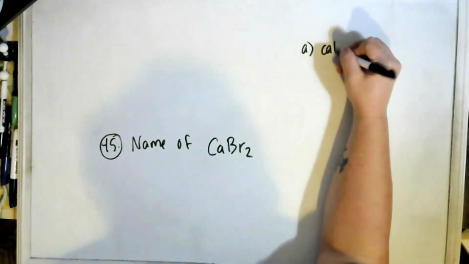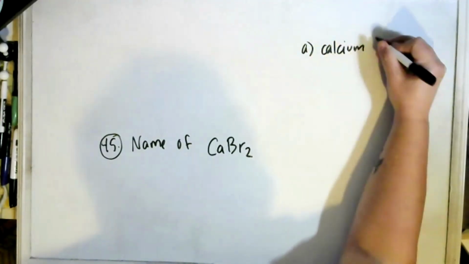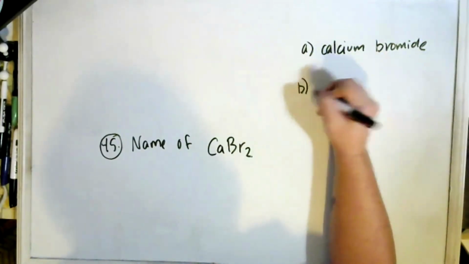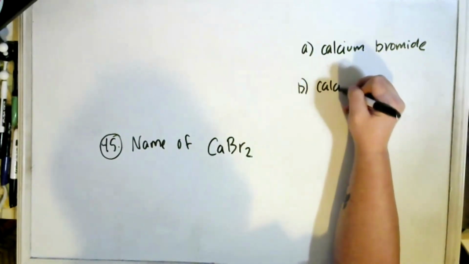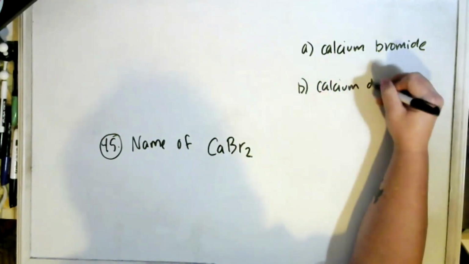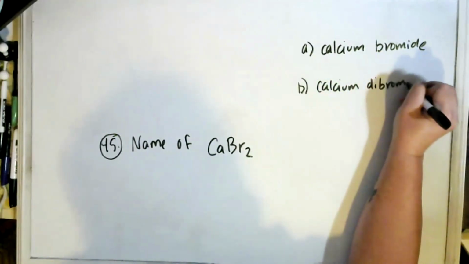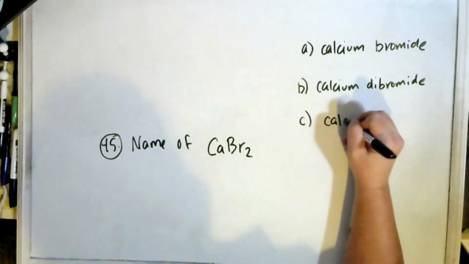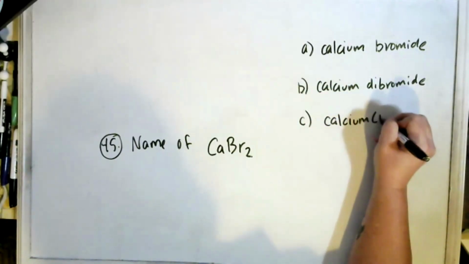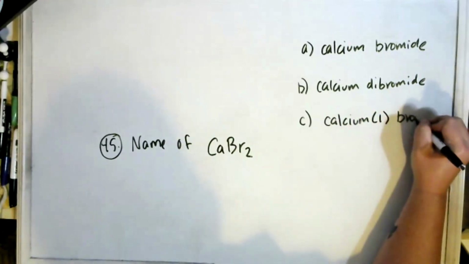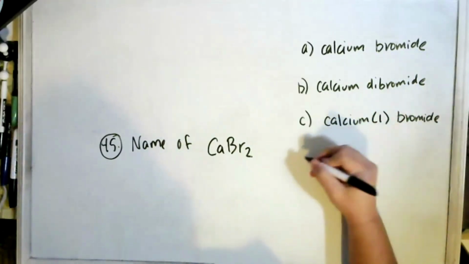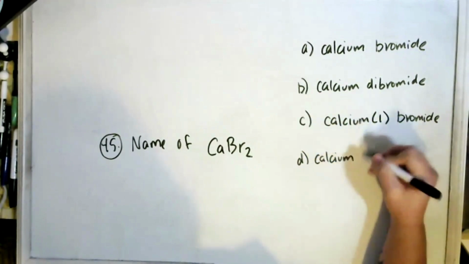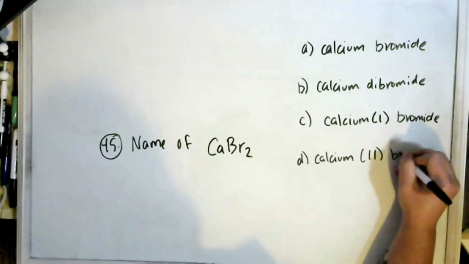Choice A, calcium bromide. Choice B, calcium dibromide. Choice C, calcium 1 bromide. Choice D, calcium 2 bromide.